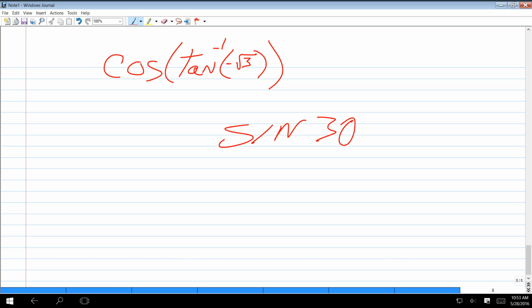Sine 30. Yeah, I got -0.988. Okay, go to your mode. Go down to where it says degrees or radians and make sure you highlight degrees.